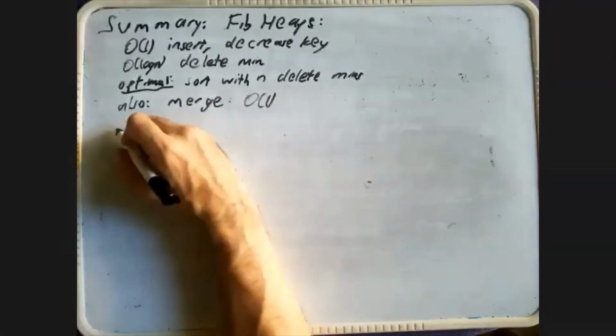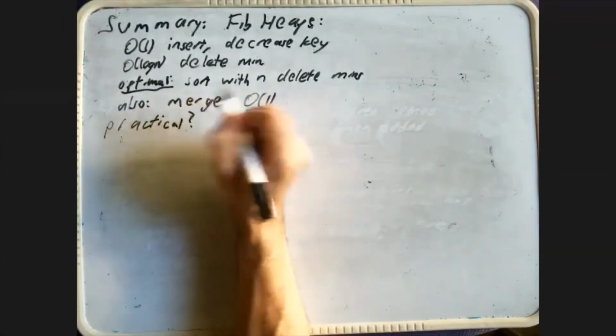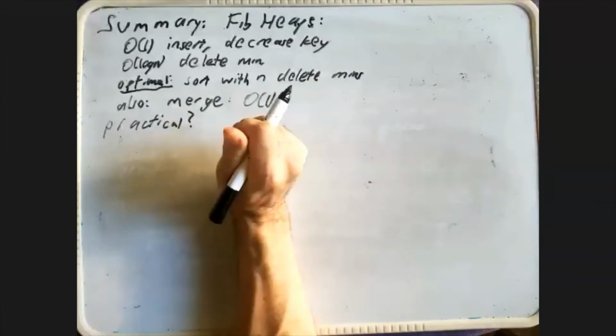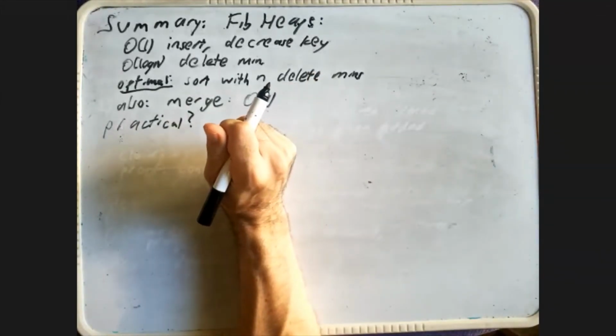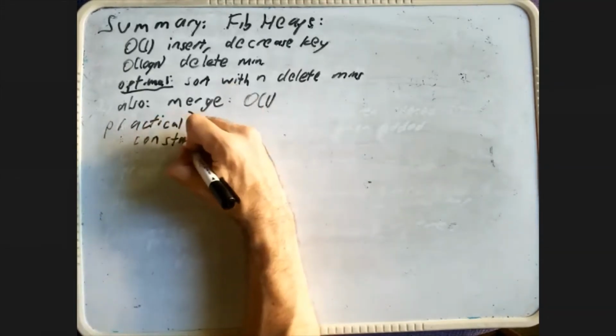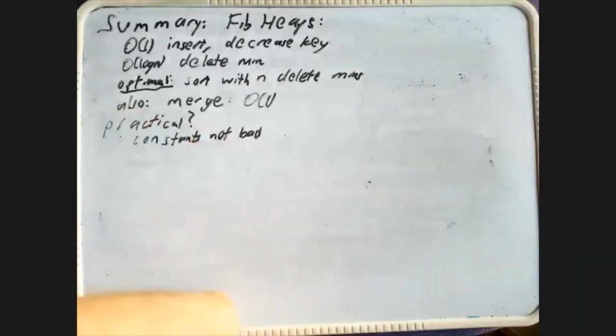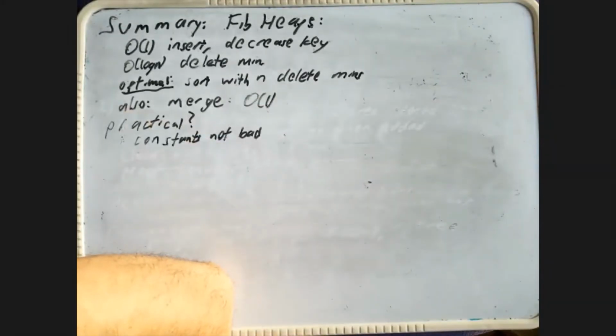All right. Now, you might ask, is this practical? Should you be using Fibonacci heaps instead of binary heaps? The constants aren't bad, actually. We haven't hidden any factors of a million here. We have a small constant factor from the fact that we're using log base 1.6 instead of log base 2, but it's not terrible.